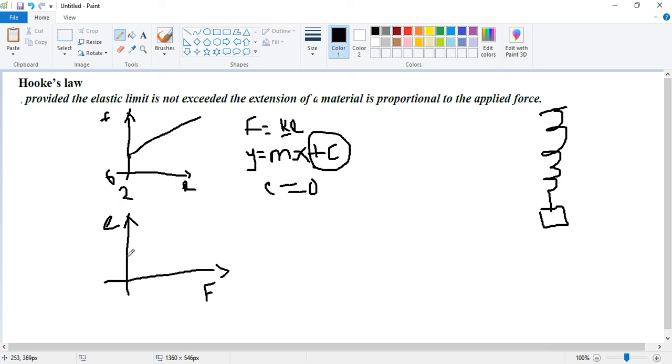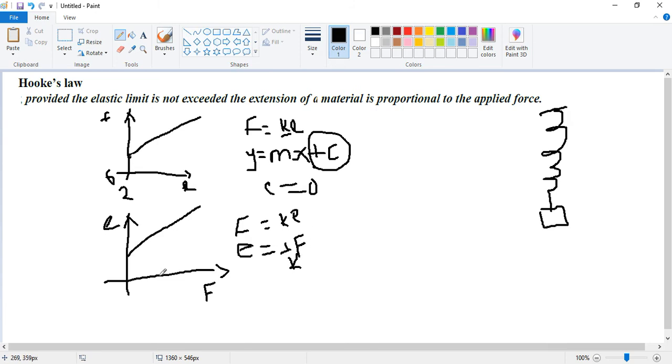So you may see graphs drawn like this. In this case, it doesn't require you to be a genius to know that the gradient of a graph of extension against F is actually 1 over k, because if you already know that force is equal to ke, and then you make E the subject, because E is on the y-axis, you notice that E will be equal to 1 over K times F. What does that imply?